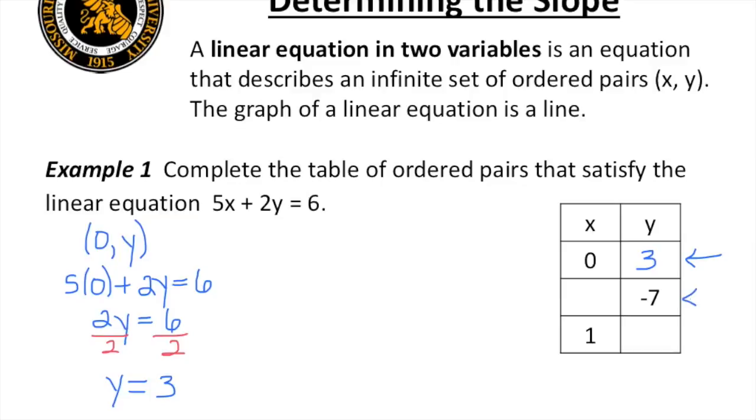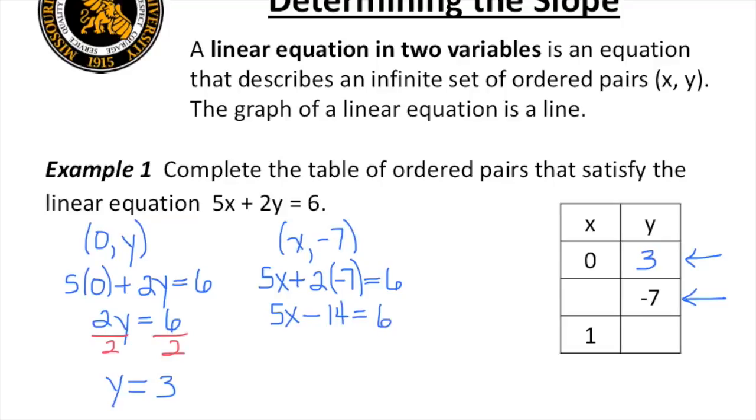In the second row, we have another partial ordered pair, but this time we need to determine the x value that corresponds to a y value of -7. This time we replace the y value with the given value in our table, and we solve for x. Notice that 2 times -7 is -14, so we can rewrite our equation as 5x minus 14 equals 6.